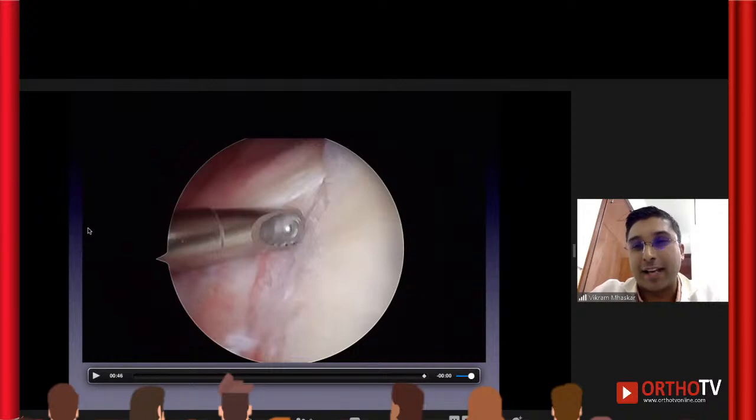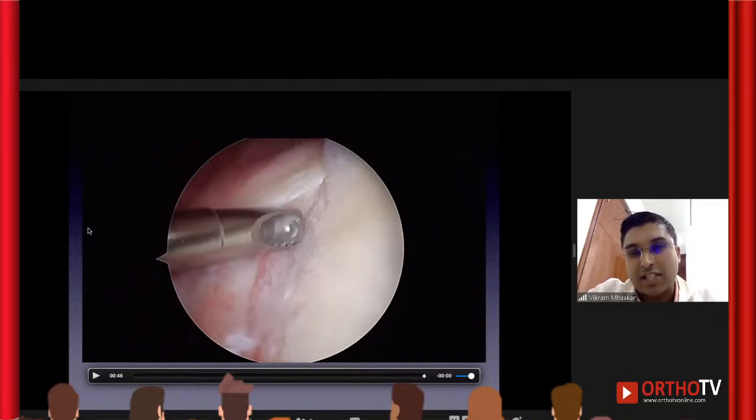His basic symptoms were mainly related to his biceps pulley rather than the instability per se, but then it's all subjective. So I'll have to clinically correlate what I see on the MRI and what the patient tells me. And seeing a lesion like this, many times it's a juicy lesion, so you think of doing both together. It did strike me also whether I just do the SLAP and leave it alone.